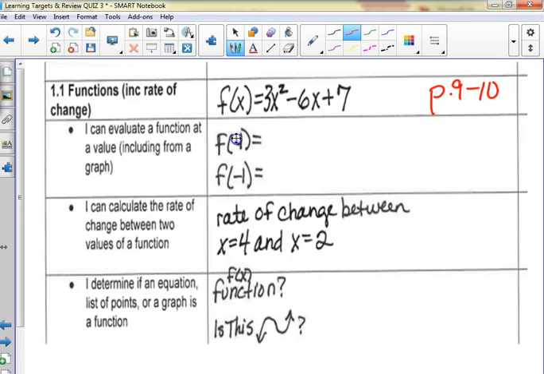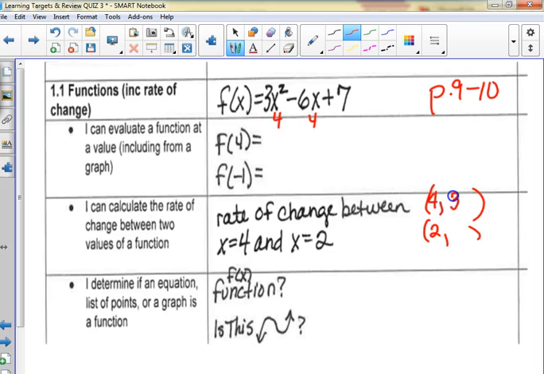Rate of change, actually, this uses this number. Rate of change when x equals 4, between there and 2. Do you remember how we did this? Put a 4 into the function up here. I need help. 16 times 3, 48 minus 44, 20.